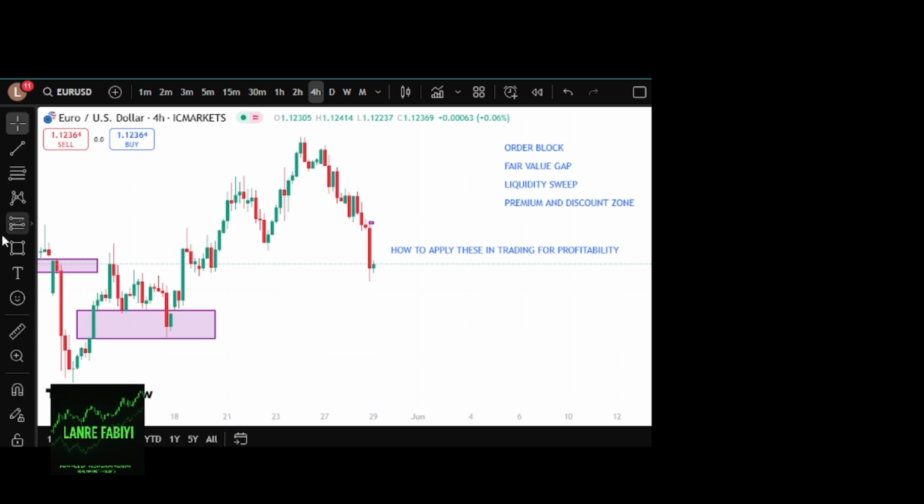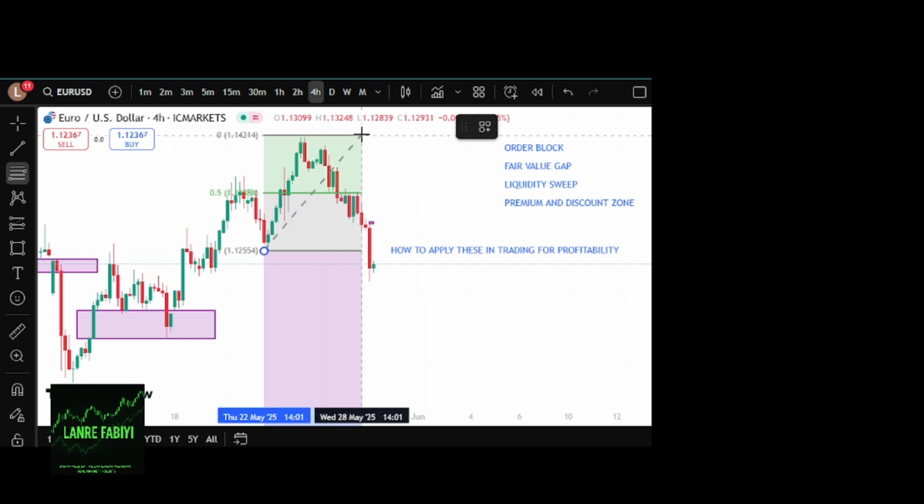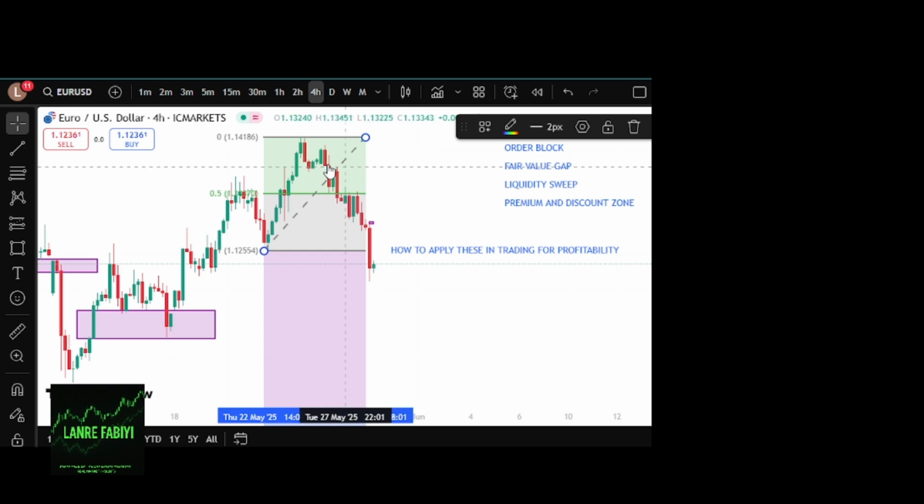Then you apply your fib tool. This is my fib tool. I just put it at this place. If you look at this very well, we have 50% there and 50% at this place, and this middle is the equilibrium level.